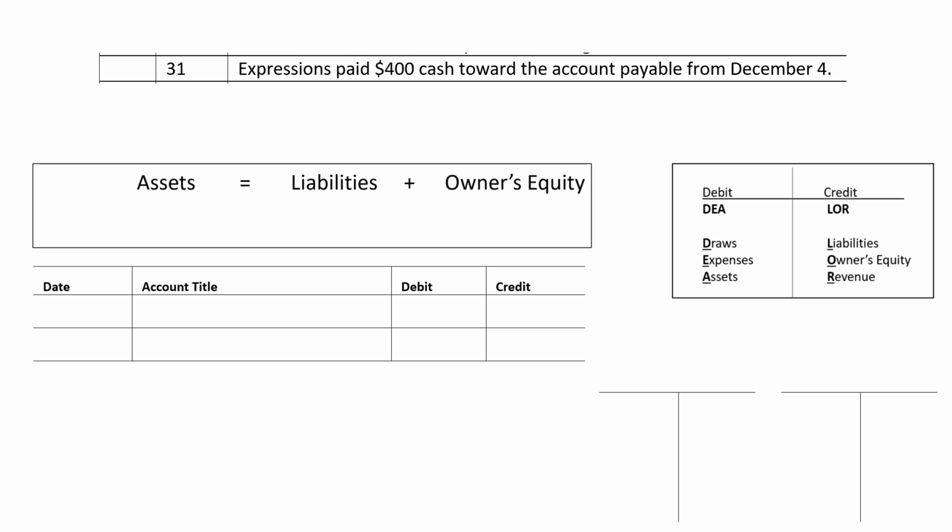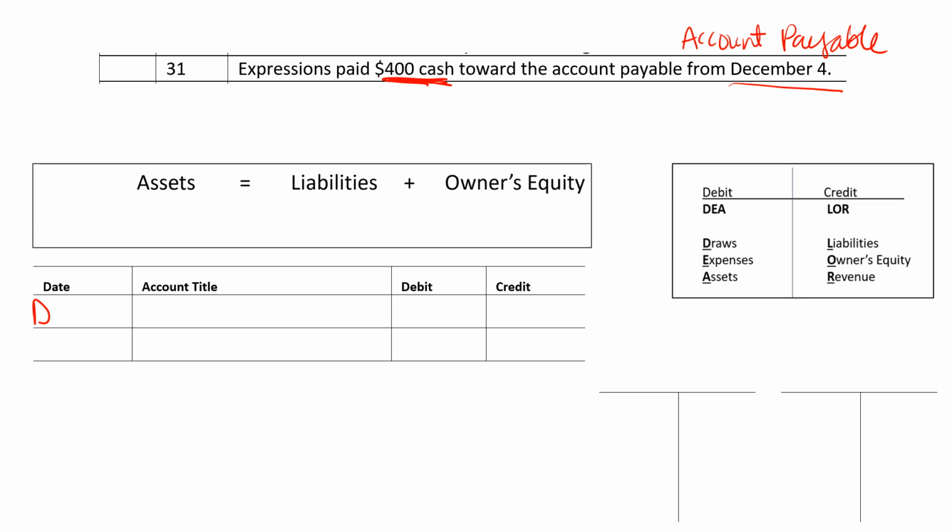December 31st, Expressions paid $400 cash toward the account payable from December 4th. So remember in the previous example, on December 4th, they recorded an account payable, and that was when they purchased something but did not pay for it with cash immediately. So now in this journal entry, we will record them actually paying the $400 cash.